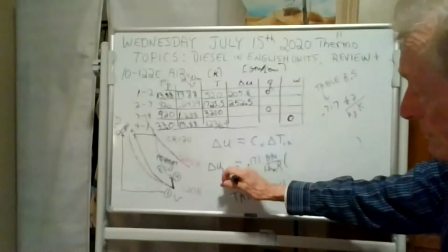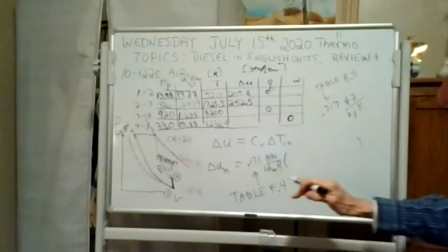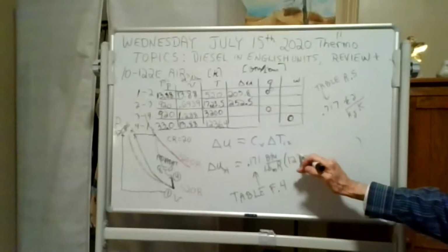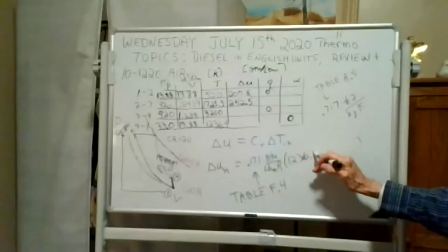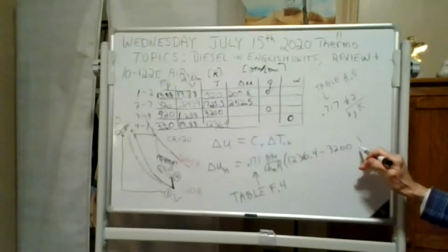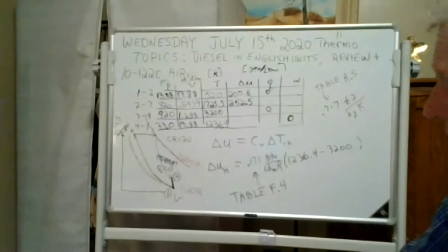But if you want to go from 3 to 4, you're going to have to change these numbers. You're going to have to go 1236.4 minus 32. You're going to get a negative number from 3 to 4.